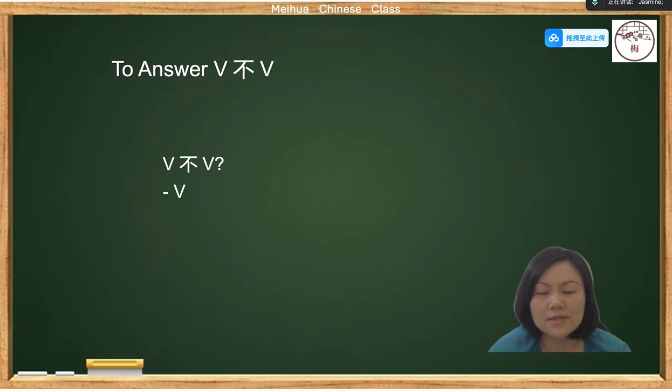The positive answer is the action itself. The negative answer is the negative form, which is 不 plus the verb. For example, 去 is the positive, right? 不去 is the negative.